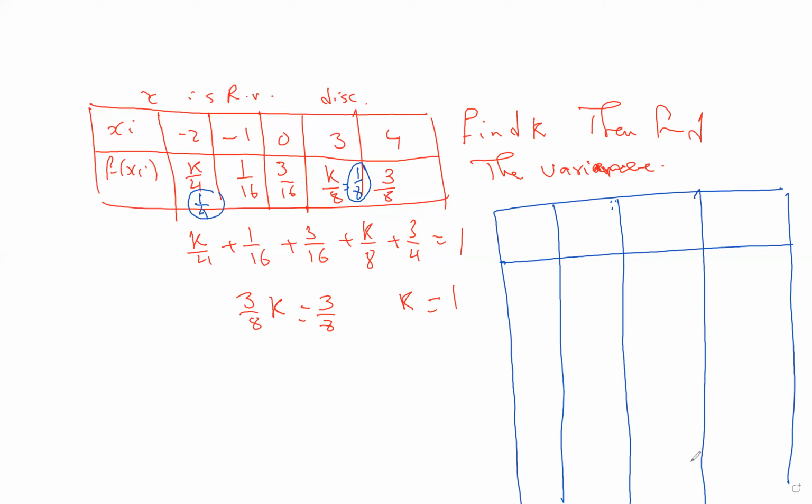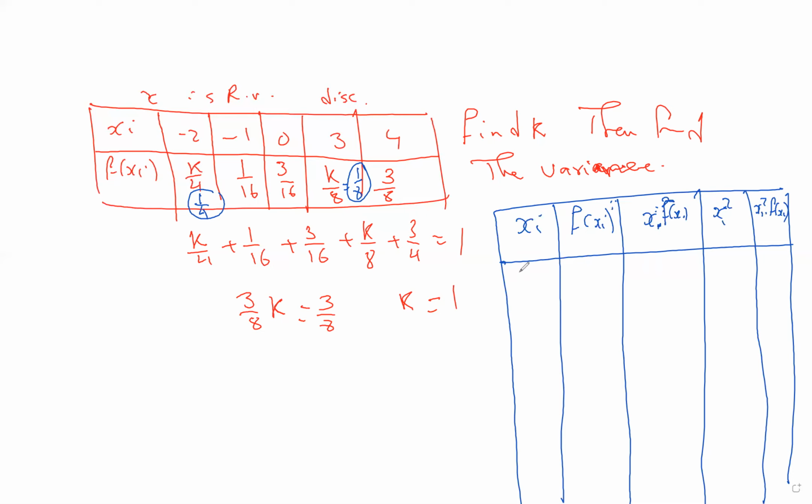make it 4 parts because it's xi and f of xi, and you will need xi times f of xi and xi squared, and the last one will be xi squared f of xi.